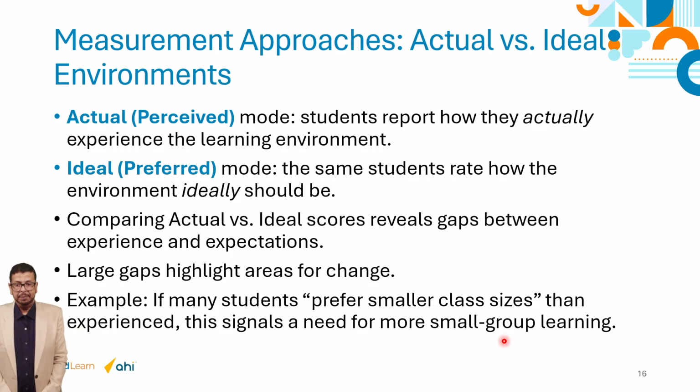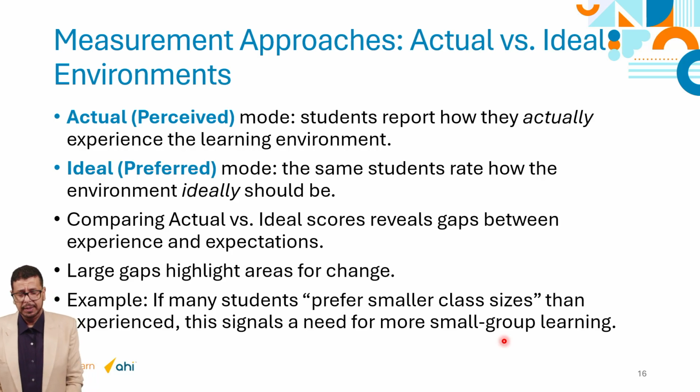it is very important when measuring the learning environment to look at the measurement approach. Are we measuring the actual or the ideal approach? We need to measure both the actual and the ideal.